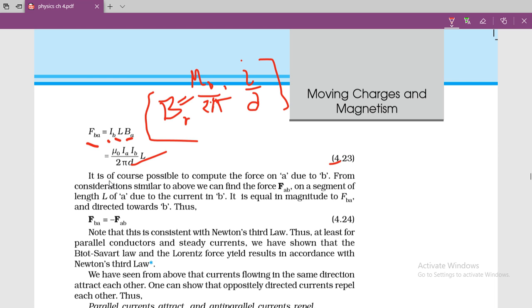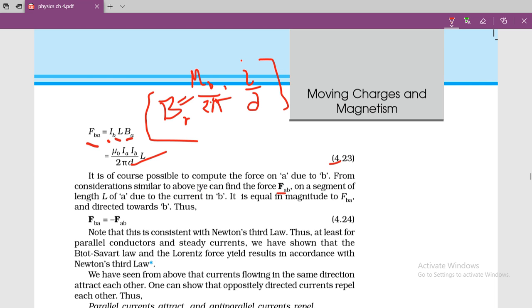Now it is of course possible to compute the force on A due to B from considerations similar to above. We can find the force FAB.